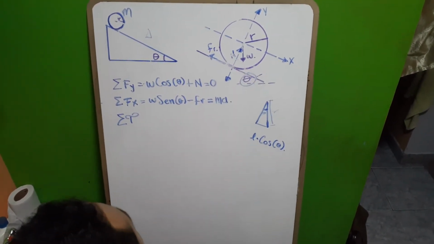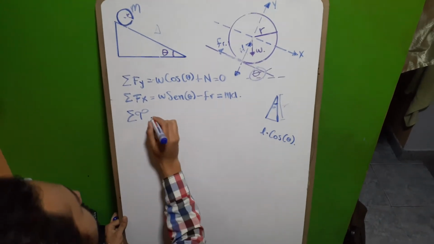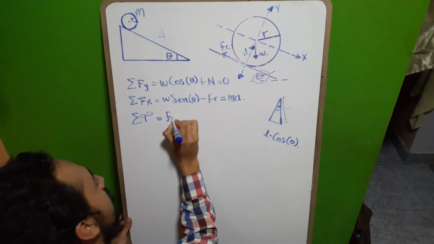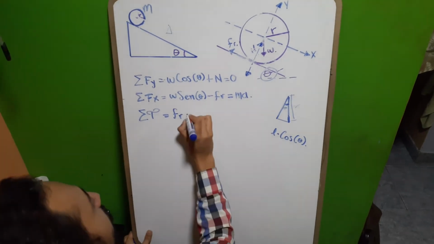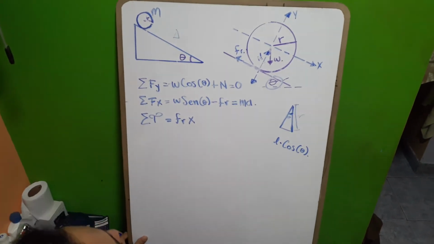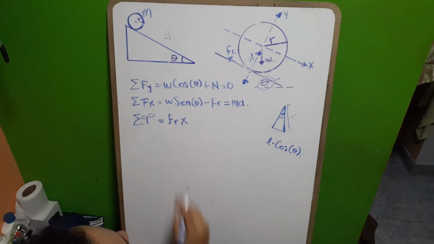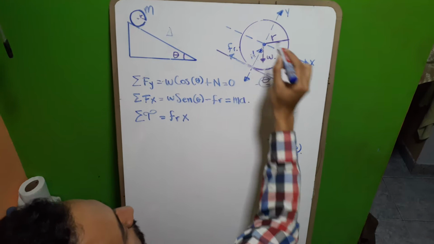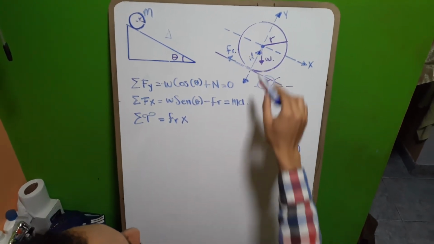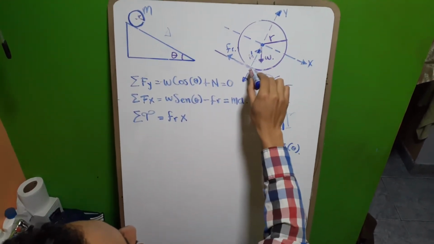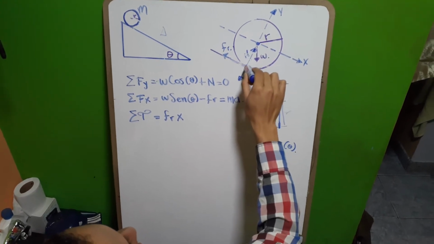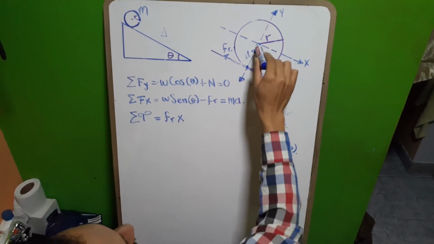This is friction. Then the friction, cross product, with the distance from the axis to the point of force.